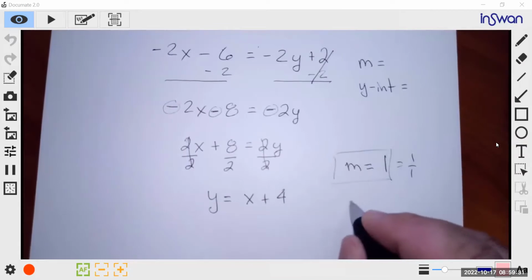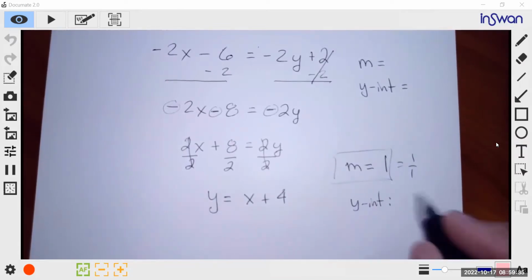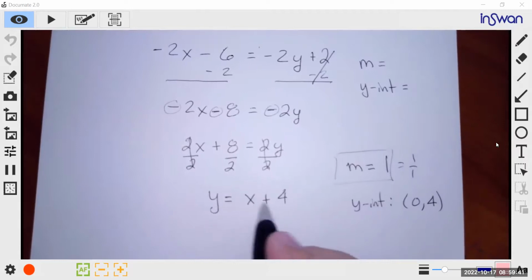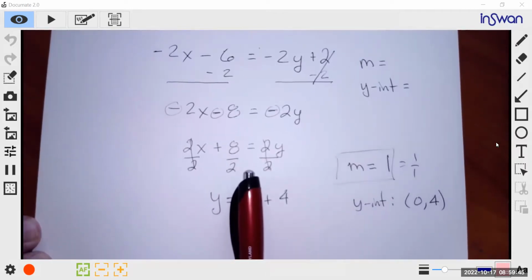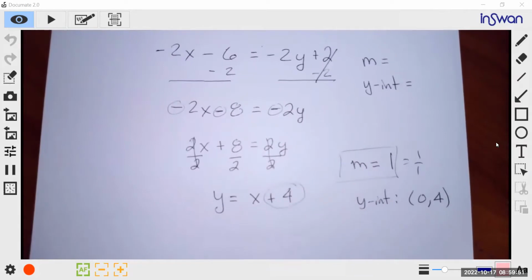What's my y-intercept? Yeah, because once x is 0, then you have 4. That's your y-intercept. When x is 0, the constant number is always your y-intercept.